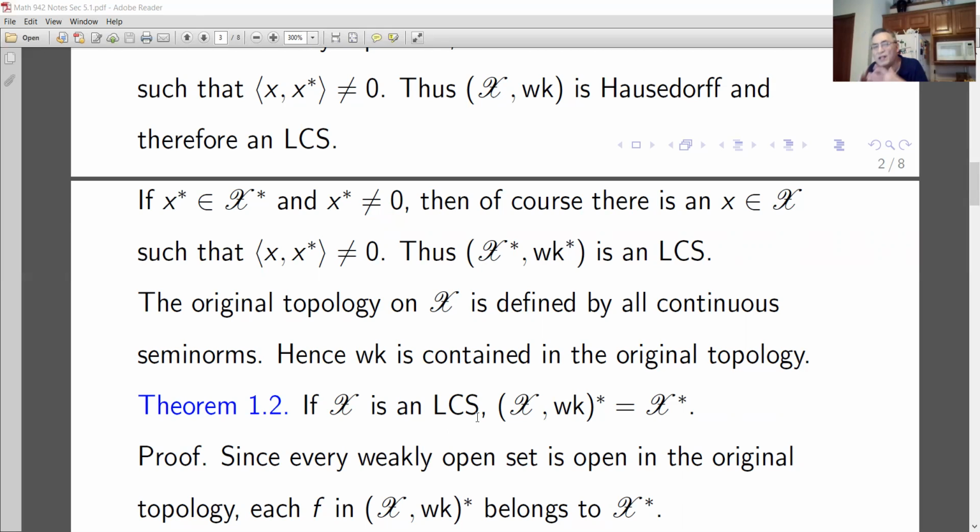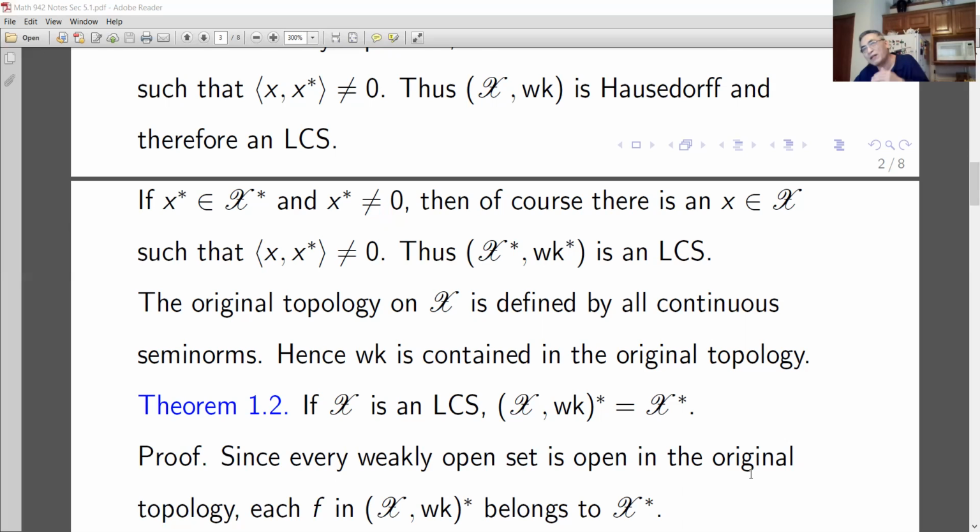A weaker topology has fewer open sets, and a stronger topology has more open sets. So every weakly open set is open in the original topology.